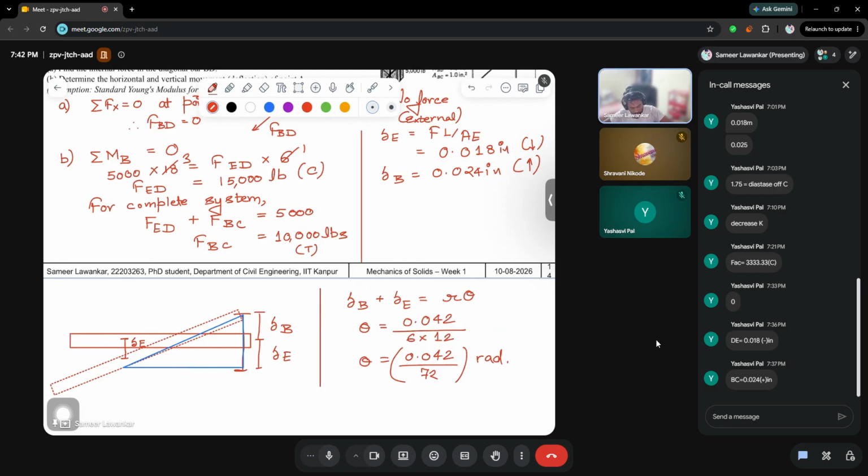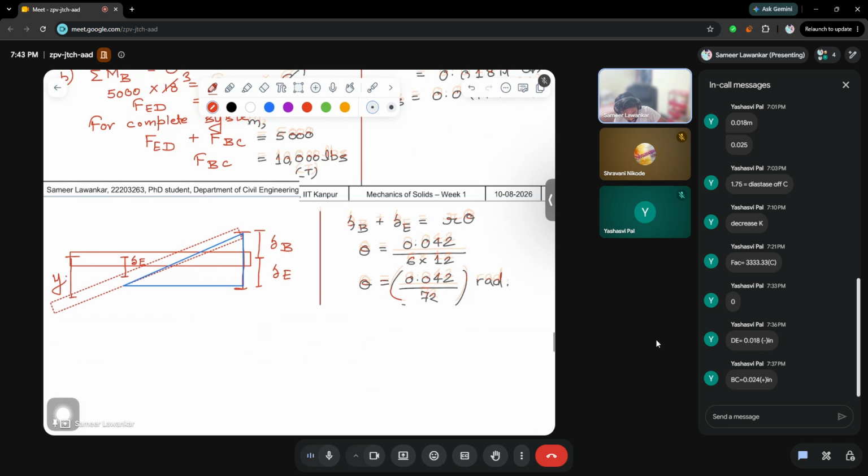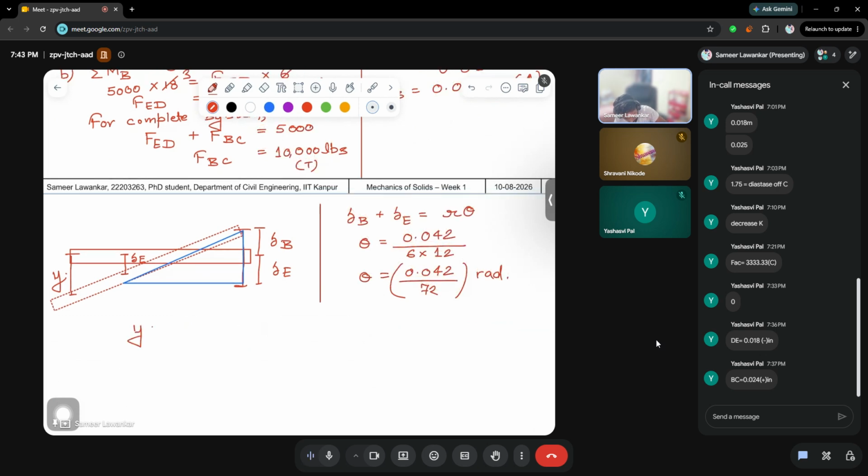Now similarly, for the outwards part, we need to calculate this value of y. If you look at this very carefully, again we can use a simple concept, but this time y and delta E are in the same line. So to calculate the value of theta, we can subtract this. So y minus delta E is nothing but r theta. Theta is known to us. So what is the value of y? Y can be calculated using this.